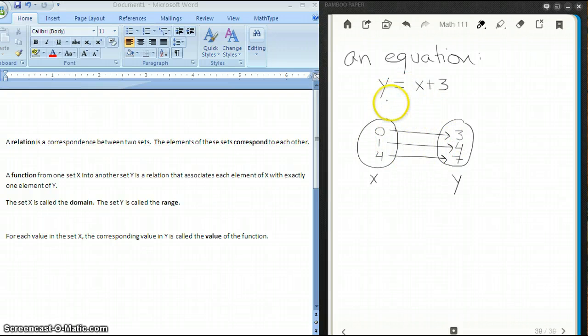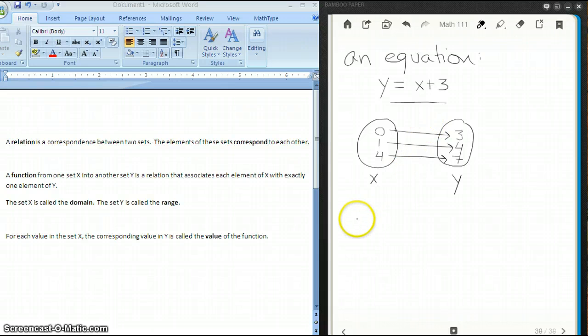That's why an equation like this can be really useful, because it allows us to relate lots of values of x to different values of y, and I don't have to draw a big mapping with infinitely many arrows. This is a much more efficient way to describe a relation. You start with whatever your x is and you add 3 and you get your value for y. Okay, so that's another way to describe a relation or a correspondence between two sets.